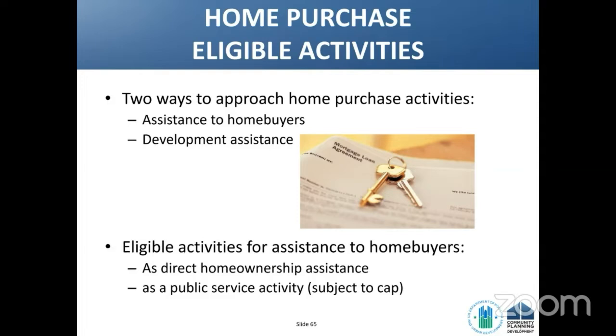However, remember that neither the Federal Register notice on CV nor the CARES Act prohibits you from carrying out activities that are eligible in our regulations and statute, provided that you can establish a clear tie back to PPR or to the addressing of coronavirus. Next slide, please.